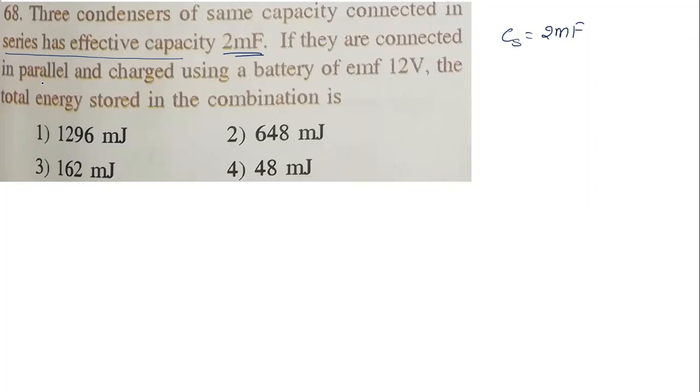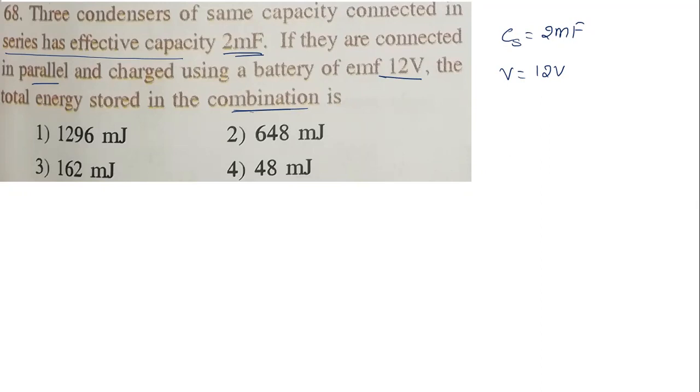If they're connected in parallel combination and charged using a potential of EMF 12 volt, then the total energy stored in the combination is how much? We need to find out the total energy stored in this combination. That's the question to us now.